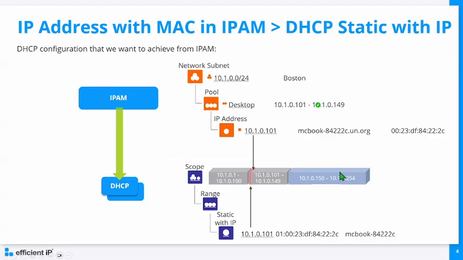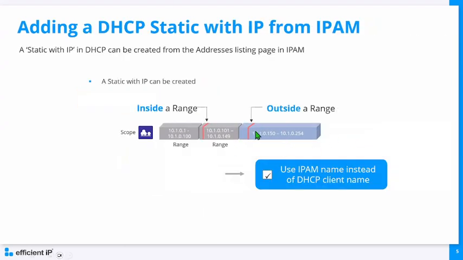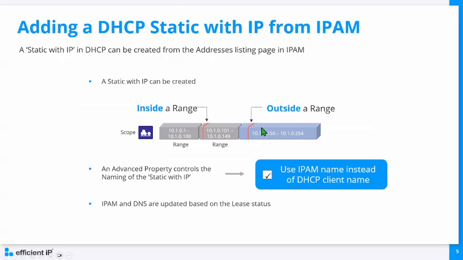So this unused range of IPs in the scope, you can use to assign static with IP. Right? So that's what they mentioned here. You can take one of the unused IP addresses in the scope and set it for static with IP. Or you can go to the range.